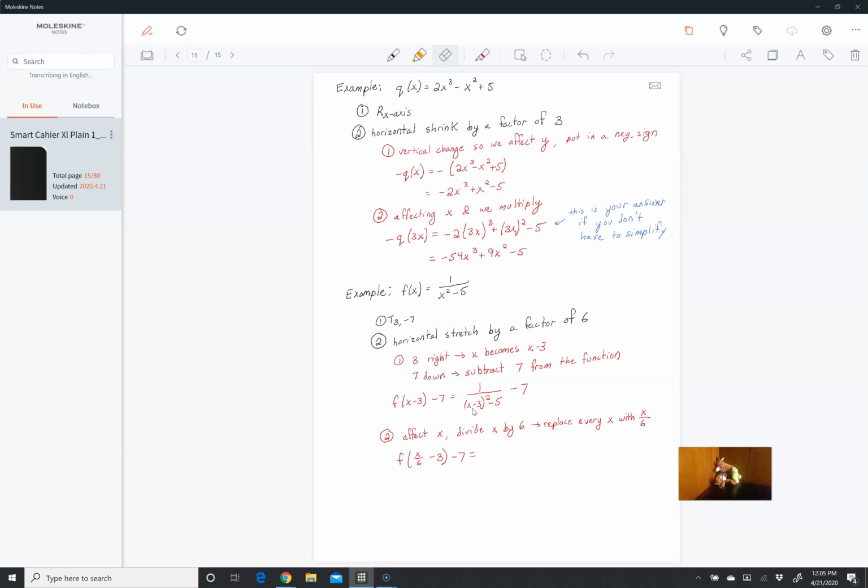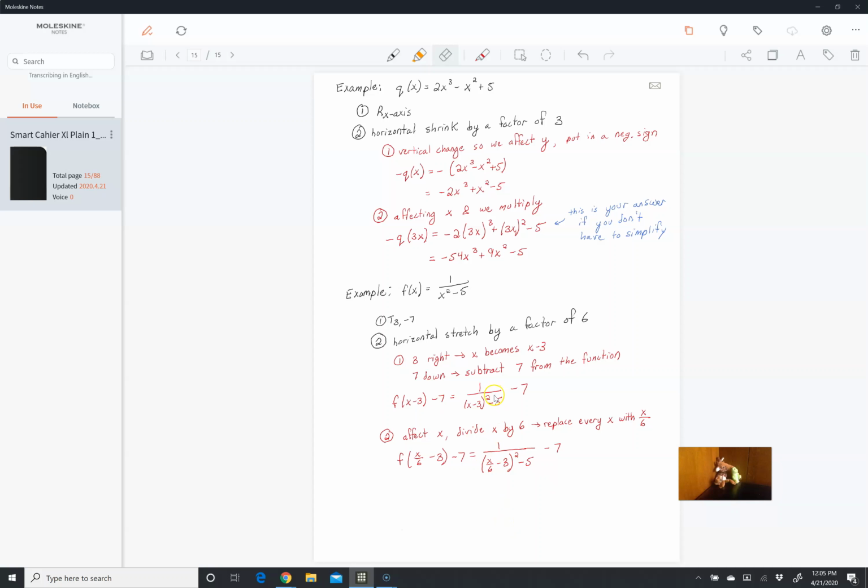So we have 1 over, and this is saying replace x with x over 6. And this is your final answer. And that's it.